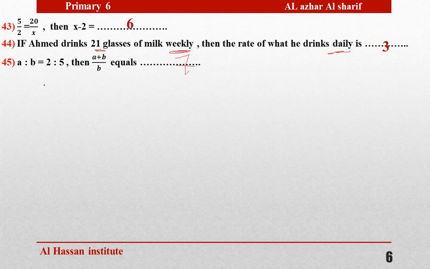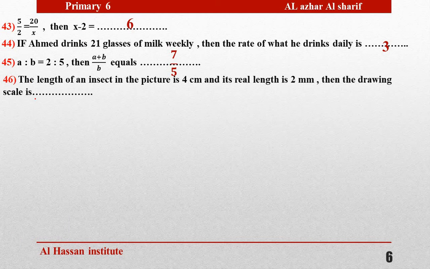Next, a to b equals 2 to 5, then a plus b over b equals space. Here in this example, a is 2 and b is 5. So a plus b over b equals 2 plus 5 over 5 equals 7 over 5. Its ratio is 7 over 5.